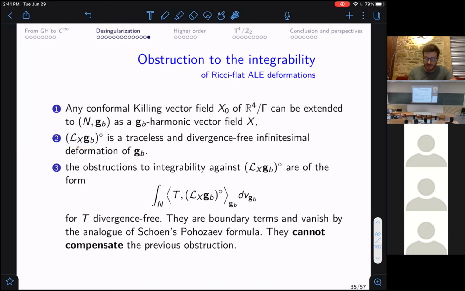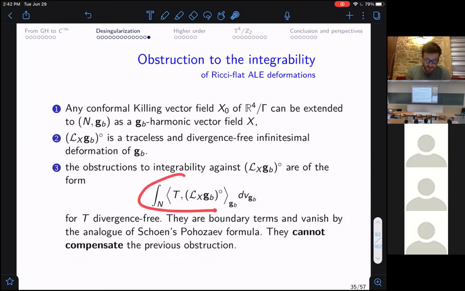According to a Shen-Podolph type formula, maybe a slight generalization, this is equal to some limit, when r goes to infinity, of some boundary term on the sphere S_R. And this boundary term is zero just because things decay fast enough at infinity. And so you prove that these obstructions vanish or are small enough so that they cannot compensate the previous obstruction.